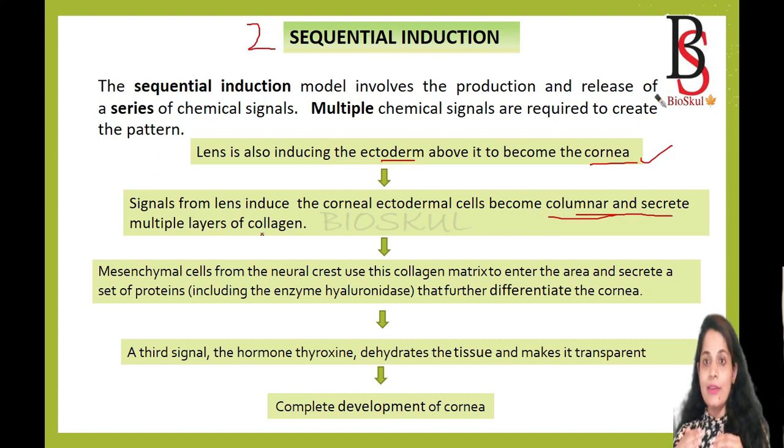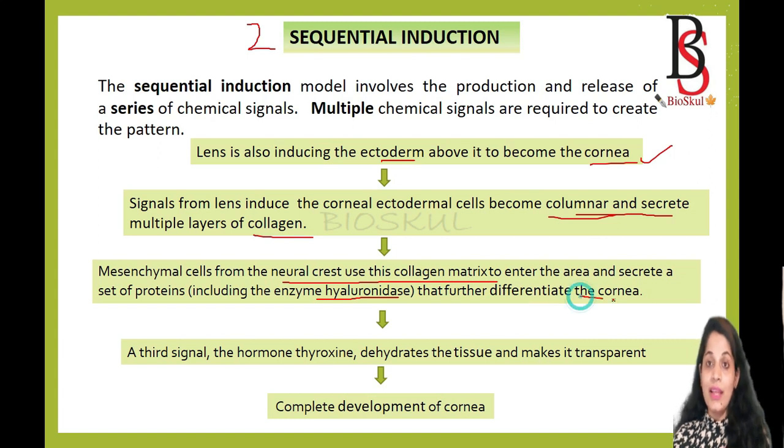Okay, so in the first step, what happened? The lens induced the ectoderm above it to become the cornea, and the signal from the lens induced the corneal ectoderm to become the columnar ectoderm, and it secretes the collagen. And in the next step, the neural crest uses the collagen matrix and secretes a set of proteins like hyaluronidase, which help in the further differentiation of the cornea.